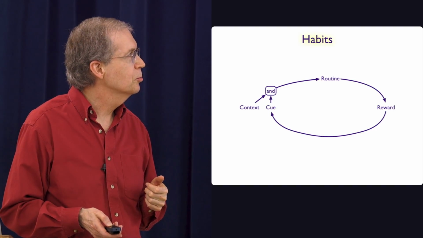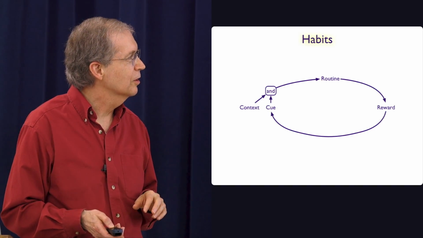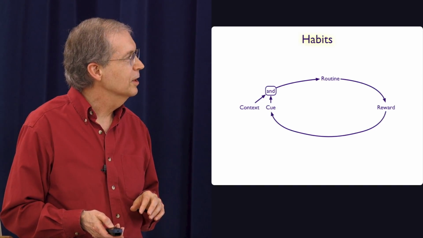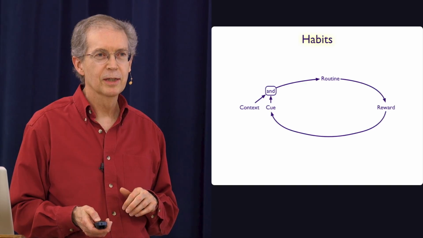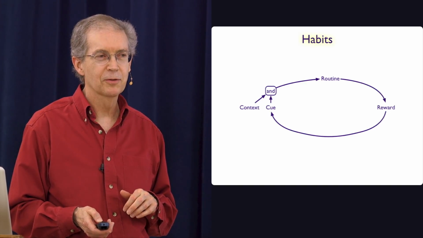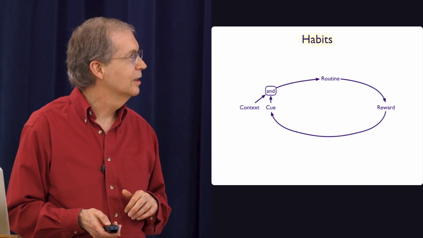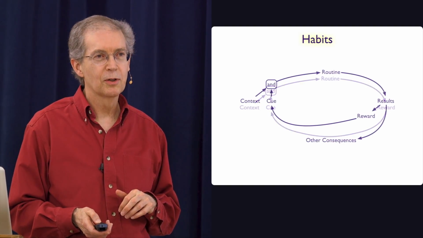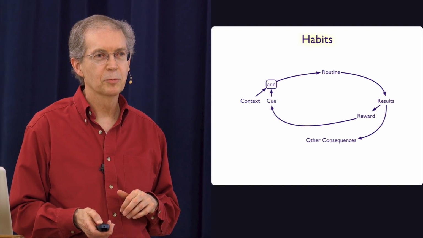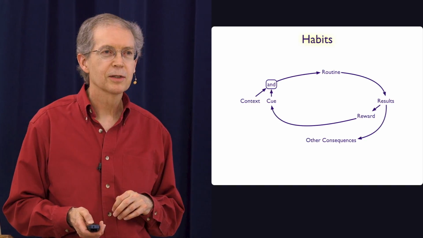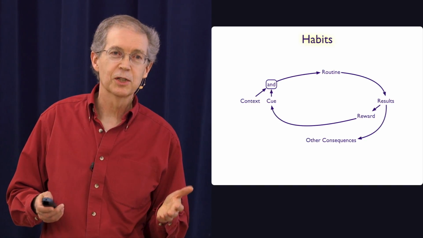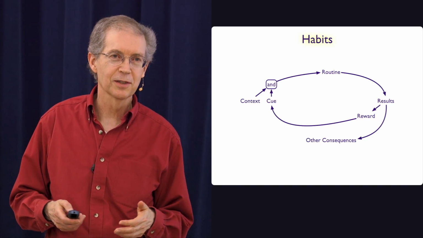But there's more that I want to change here. What about this reward thing as the only thing that's there at the end of your routine action? I would rather say the results. One of the results winds up being a reward, but there are other consequences too. Usually when you want to change a habit, it's because of those other consequences.